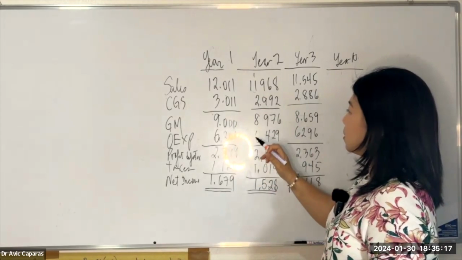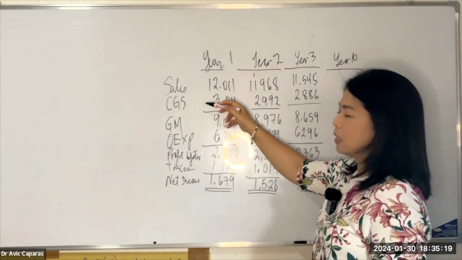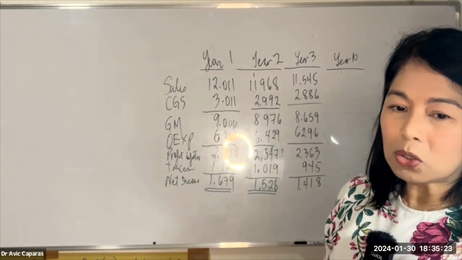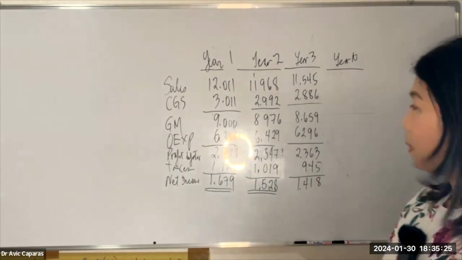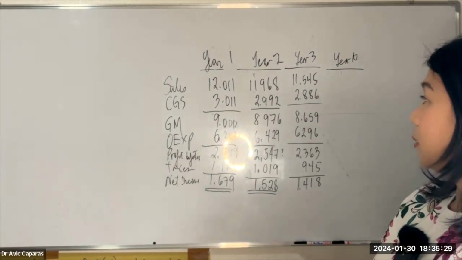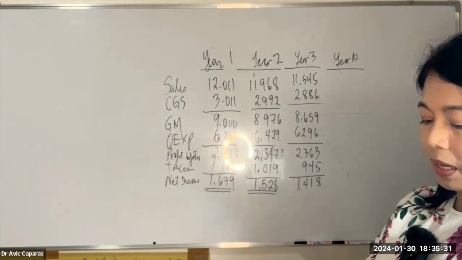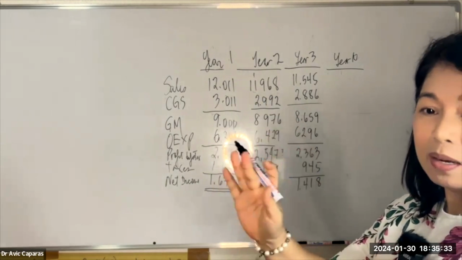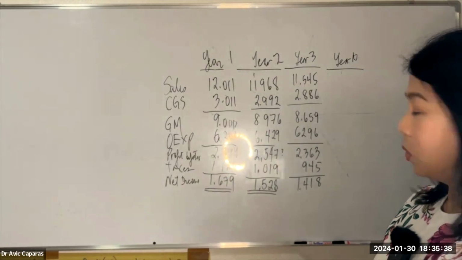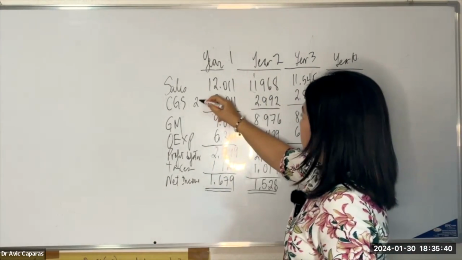So how much is cost of goods? We mentioned earlier something like 78%. Okay, so here in year 1, cost of goods sold is 3,011 divided by, always the denominator is the sales, 12,011. So this is 25%.